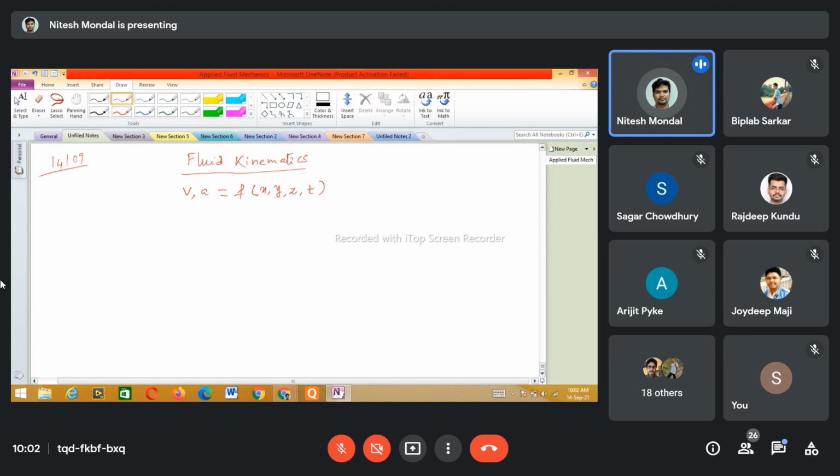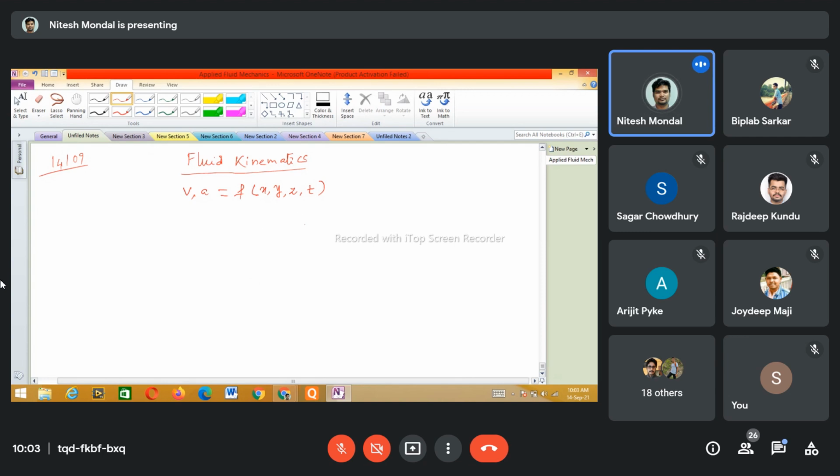Kinematics is the branch of engineering mechanics where you consider the change of geometry without any application of force. Similarly, in fluid kinematics, we discuss the change of velocity, acceleration, and geometry of the fluid particles without any force.